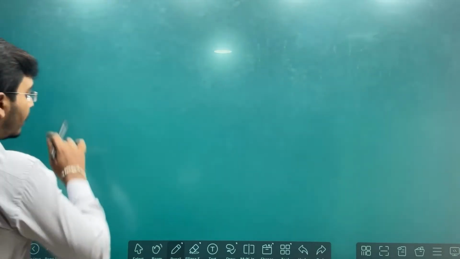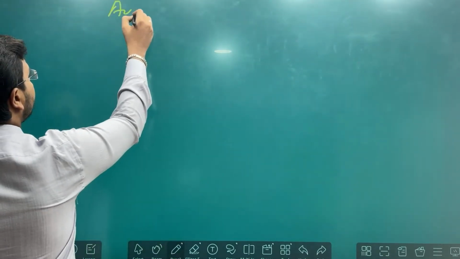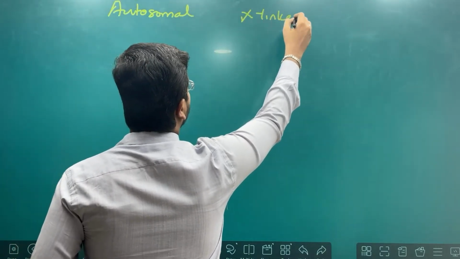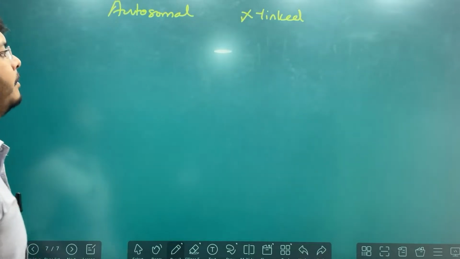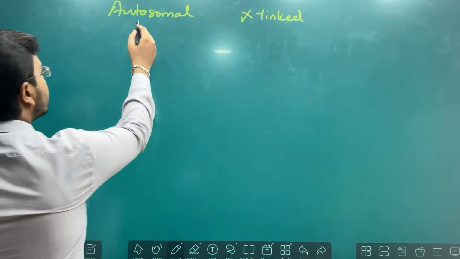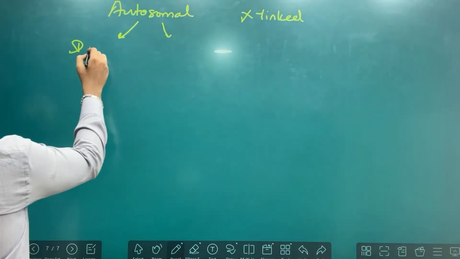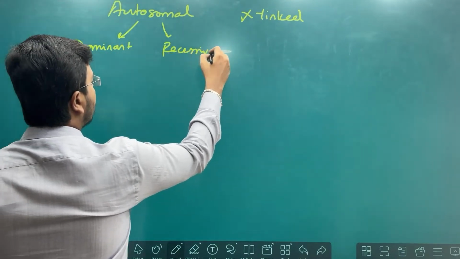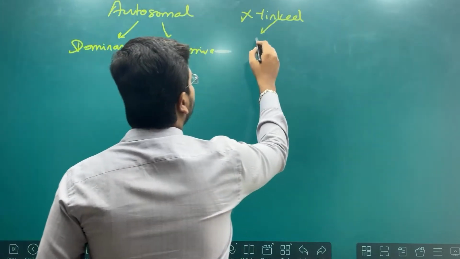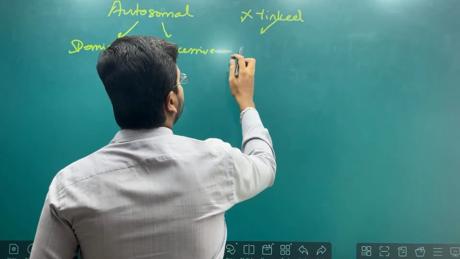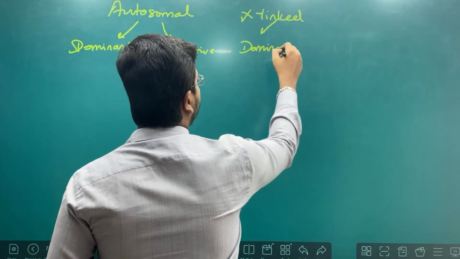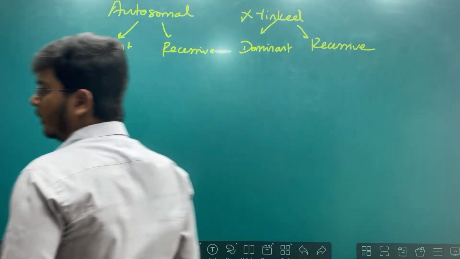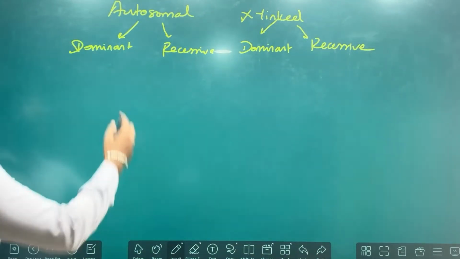If I know the question, whether I am talking about autosomal or X-linked, in autosomal again there are two options. It may be dominant or it may be recessive. In the same way, X-linked can be dominant or recessive.